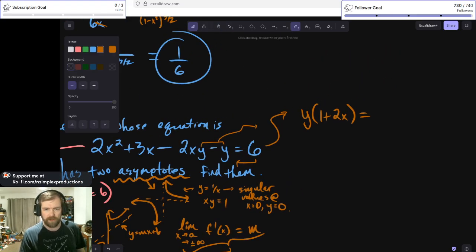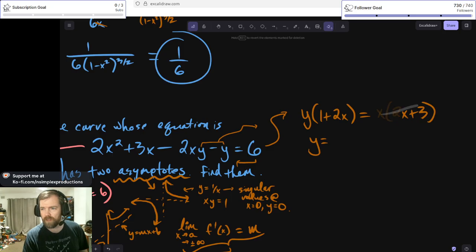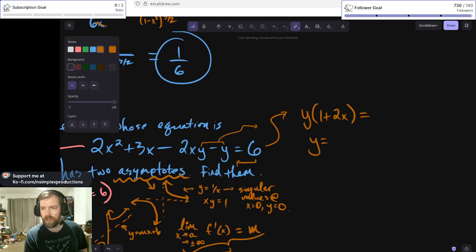Okay, and then we have x times 2x plus 3, which is going to be here. So y is equal to, no, wait, minus 6. Two x squared plus 3x minus 6.